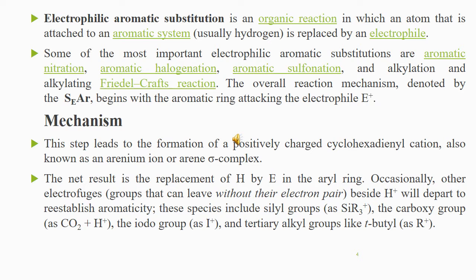These are groups that can leave without their electron pair, including the silyl group, carboxy group, iodo group, and tertiary alkyl groups like tertiary butyl. Usually H positive will leave in this process.